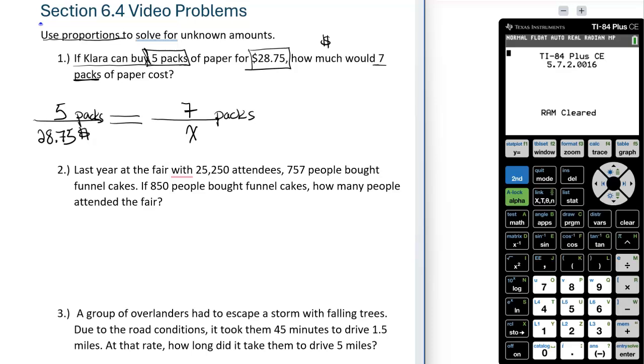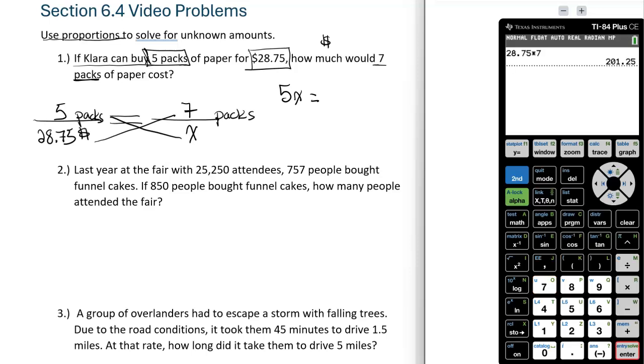We've been told that we need to use solving with proportions. So in order to solve a proportion, we want to use our cross multiplication. So I am multiplying x and 5. So I get 5x equals, and then I'm multiplying the $28.75 times 7. Okay, so I'm going to clear my calculator here. And I have $28.75 times 7.